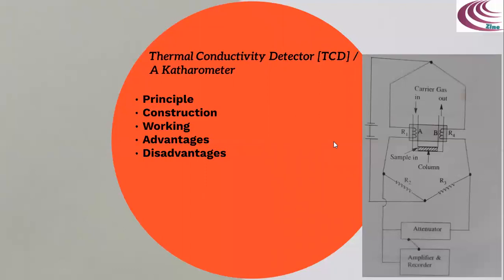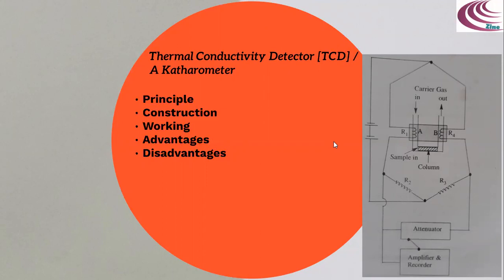So in this way, the thermal conductivity of the carrier gas is cancelled, and the effects of variation in the flow rate, pressure, and electrical power are minimized. When the eluate contains a solute, a mixture of solute and the carrier gas passes over the second coil B, whereas only the carrier gas passes over the coil A. The thermal conductivity of the carrier gas alone and a mixture of a solute and the carrier gas in the eluate are different.